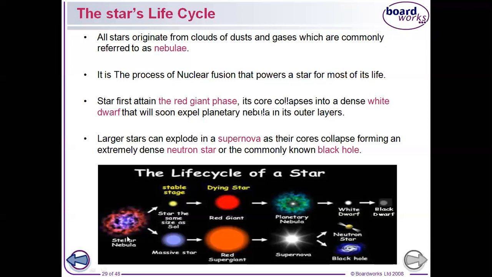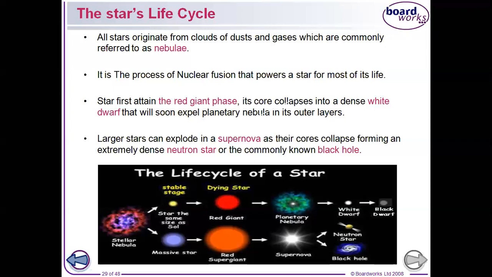First of all, the stellar nebula collapses on itself, which triggers a fusion reaction to take place. Then we have our sun. During the stable stage, which is where our sun is right now, it is stable.